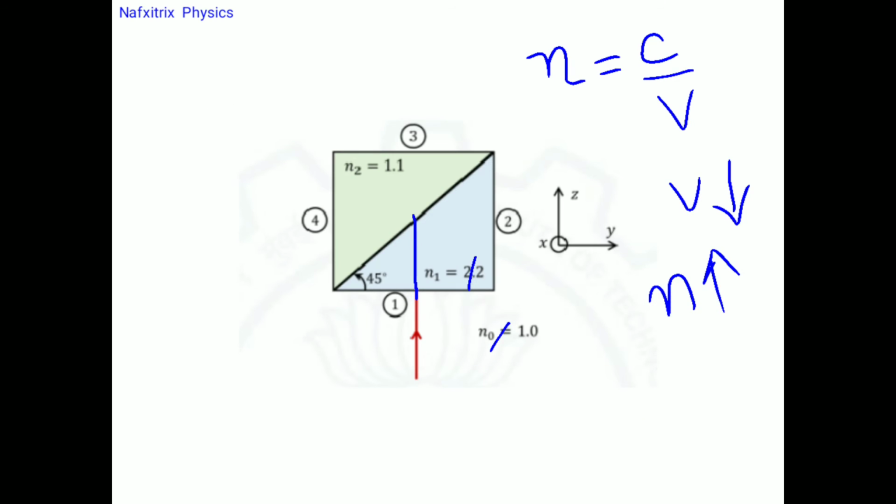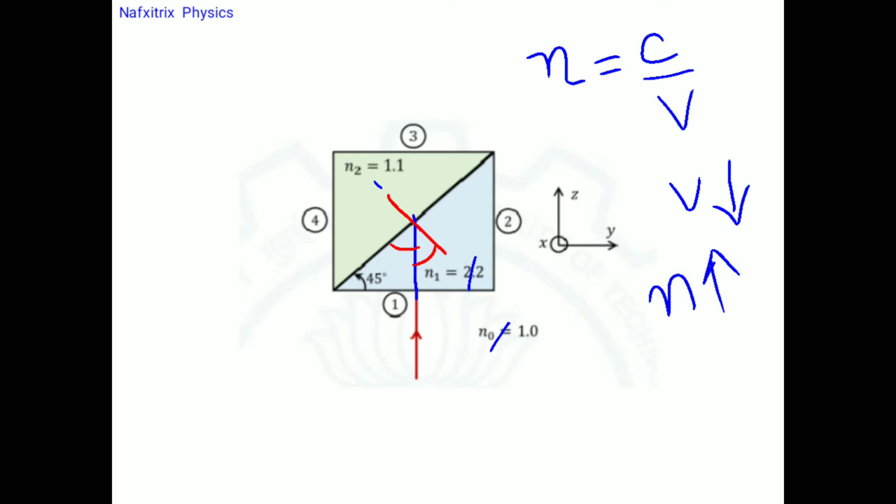Now coming to this diagram, we need to see what the angle of incidence is. First of all, we need to draw a normal between the two surfaces. This is the normal. From this we can see that this angle would be 45 degrees, and this angle would be 45 degrees.